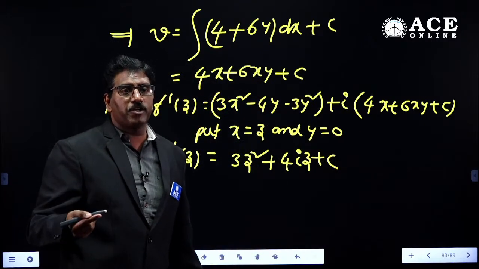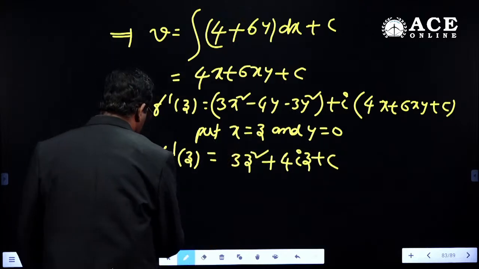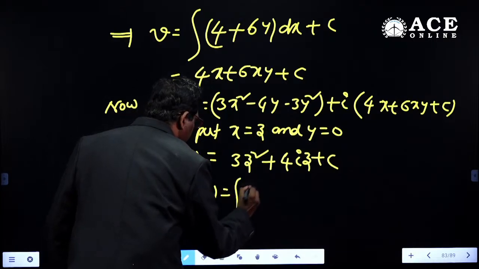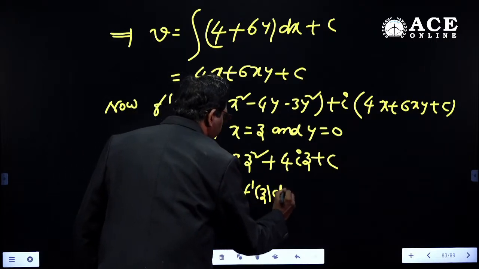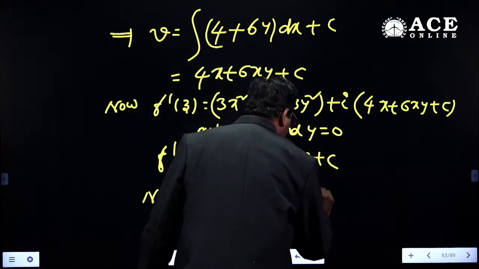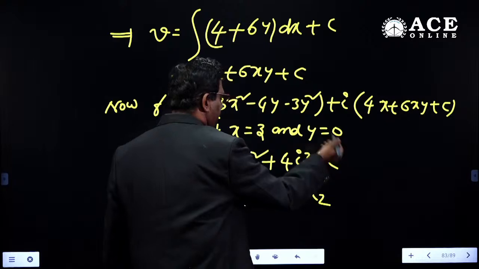But what is required is f of z. Therefore, f of z is nothing but the integration of f dash of z dz, plus an integrating constant.